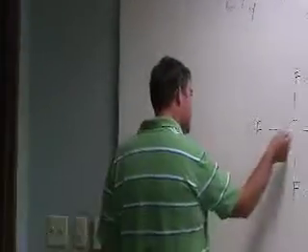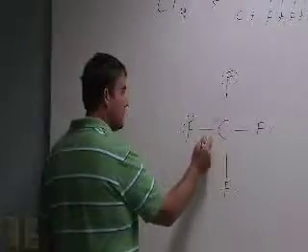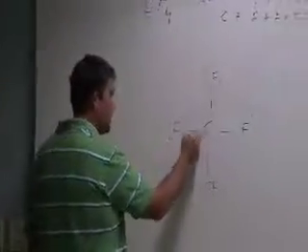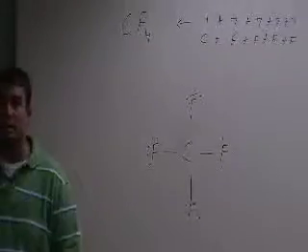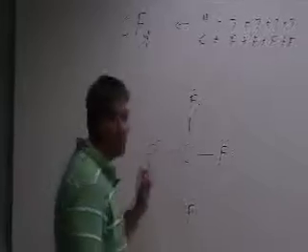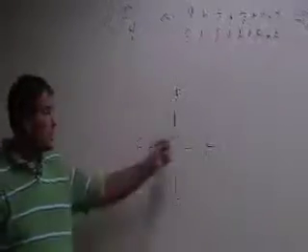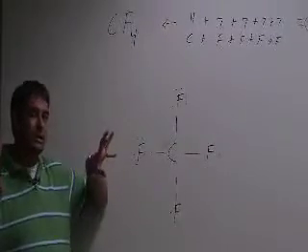The central atom does not necessarily have to have 8 electrons around it. How many electrons does the central atom have around it? 2? No, the central atom. 4? No. 8. 2, 4, 6, 8. Remember, every time you see a line, that's how many electrons? 2. One from the fluorine and one from the carbon. So around that carbon, how many electrons does it think it's got around it? 8.